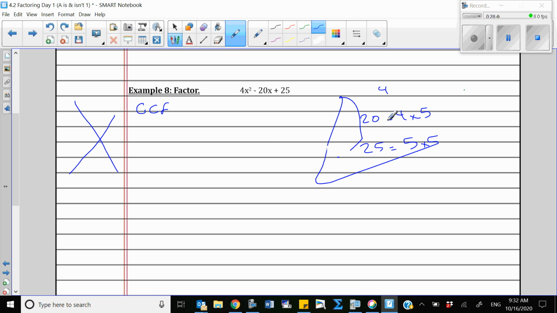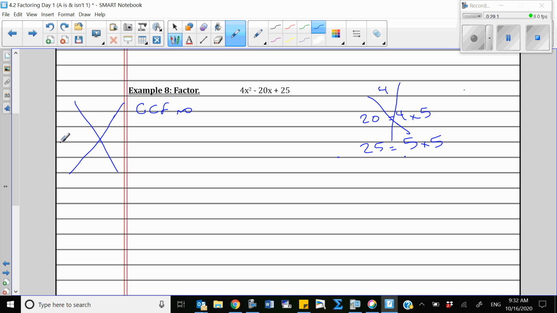Well, oops, I'm sorry. Okay, so I look at the 4. That's in common between the first one and the second one, but I don't see that in the third one. Also 5, I have that in 25 and 20, but I don't have that here. So basically, there is no common GCF here.